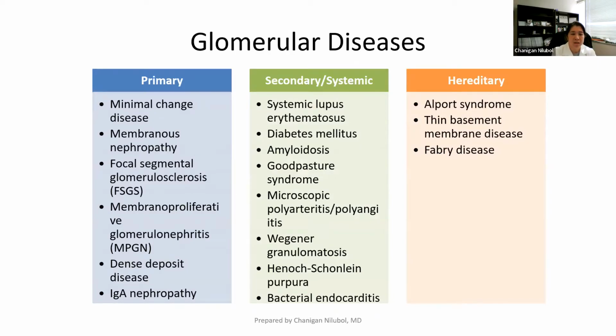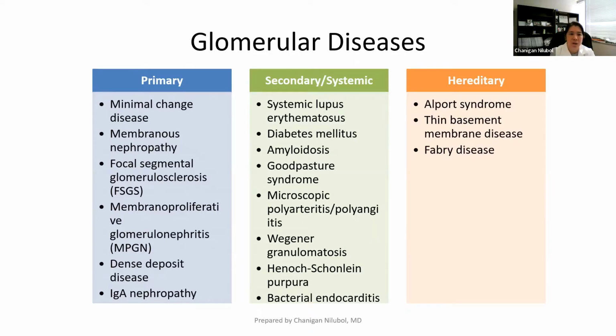When we talk about primary, you will see that there are going to be some overlapping, because typically when we call any disease primary, these are diseases that just happen and we didn't really know so much. But some of these GN diseases can be secondary too.